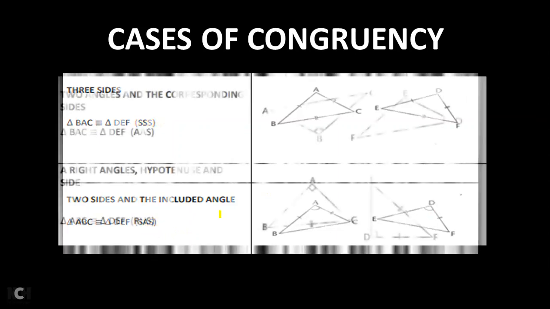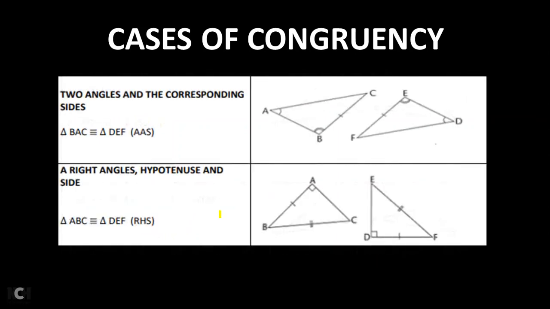Now let's look at the third one. The third one says 2 angles and the corresponding side. So this time we have 2 angles and 1 corresponding side. In triangle ABC and triangle FED, angle A is equal to angle D. That's the first angle.